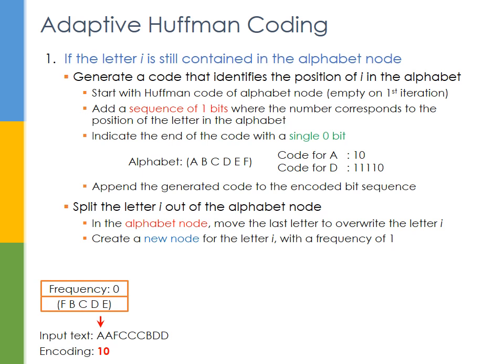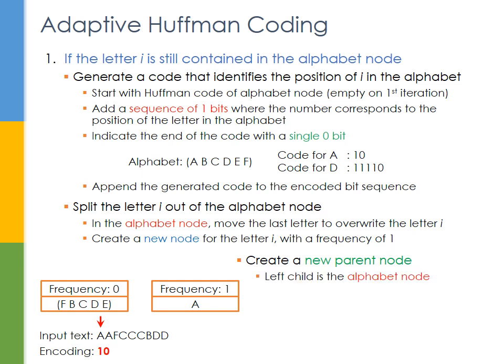Next, we need to create a new node for the letter that we've just extracted from the alphabet node, and we give this, of course, a frequency of 1 because we've only encountered this letter once. So in our example over here, we now have a new node that contains the letter A, and its frequency is 1 because we've only encountered the letter A once within our input text. Then finally, we need to create a new parent node for these 2 nodes, the alphabet node and the new node that we've created.